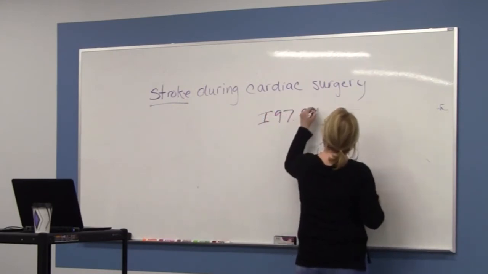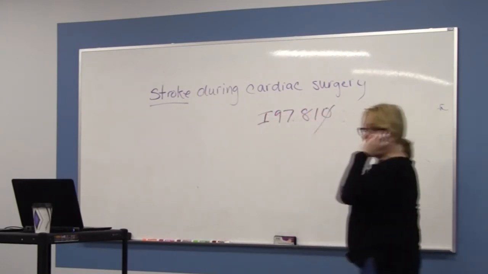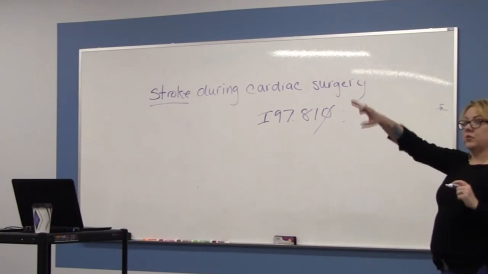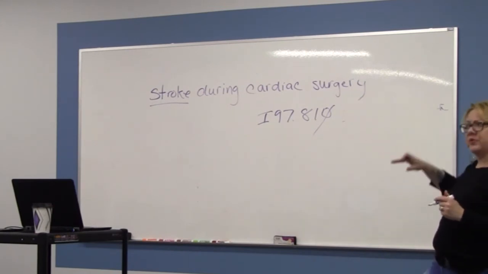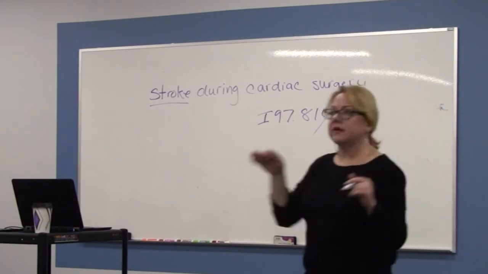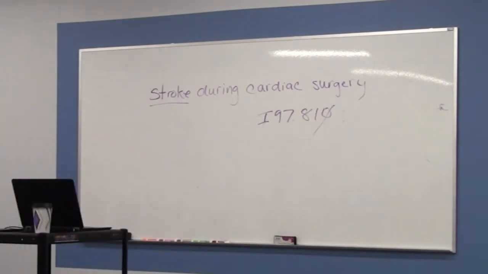I-97.810. Okay, so I feel pretty good about that because it's pretty straightforward. Stroke, intraoperative, during cardiac surgery. But I can't stop here, I've got to go to the back, to the tabular list. So we're going to go to I, back here.